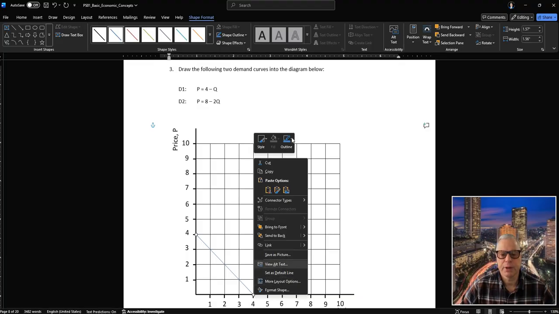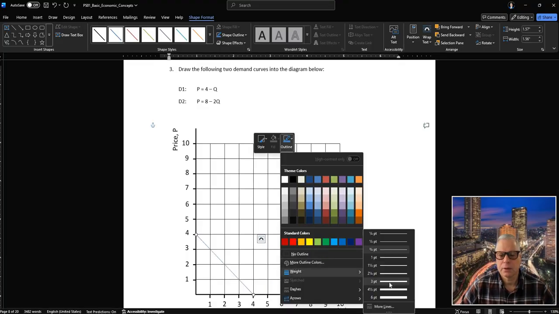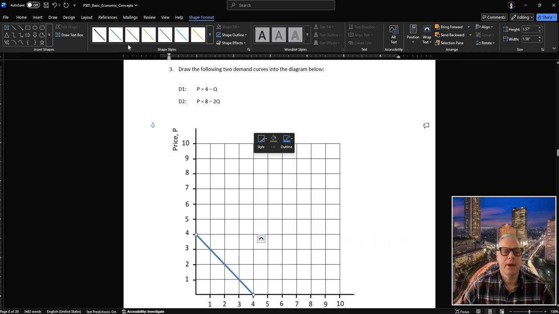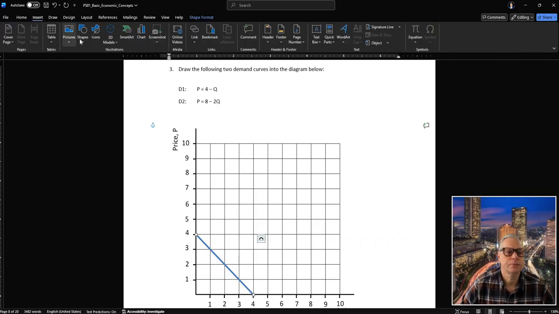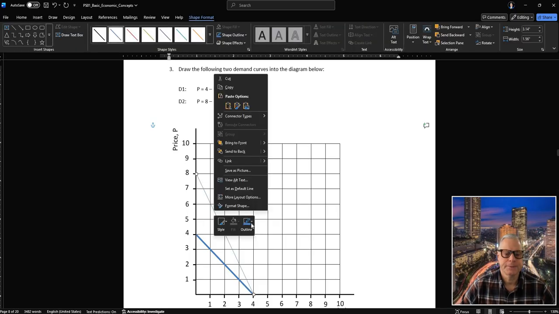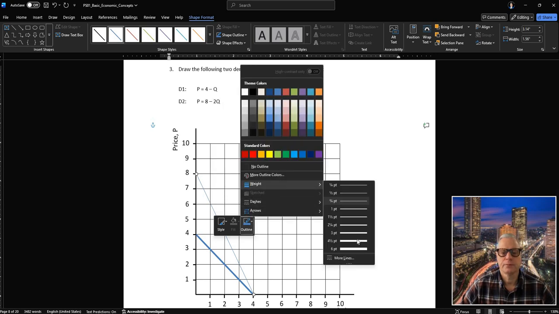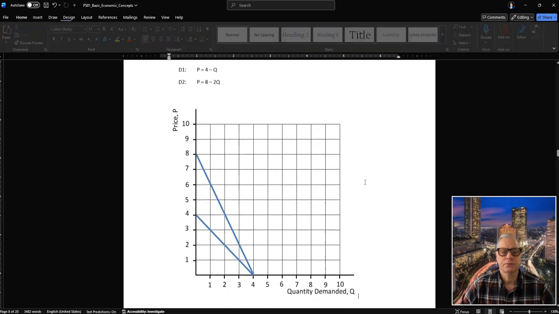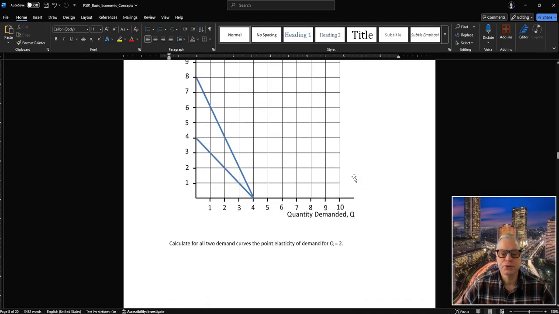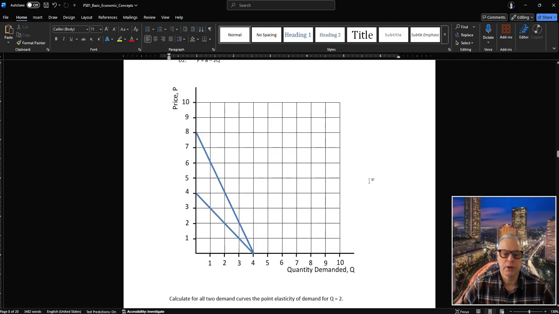Let's make it a little bit bigger. 8 minus 2Q: it starts at 8 with slope -2, so it will intersect at 4. And we are supposed to calculate the point price elasticity of demand for Q equals 2.